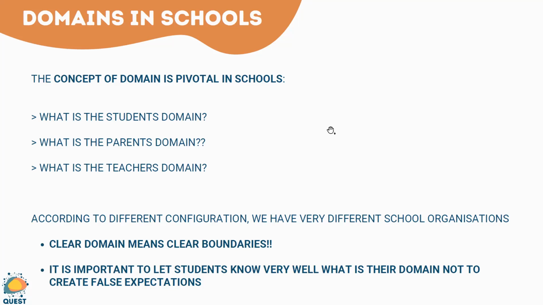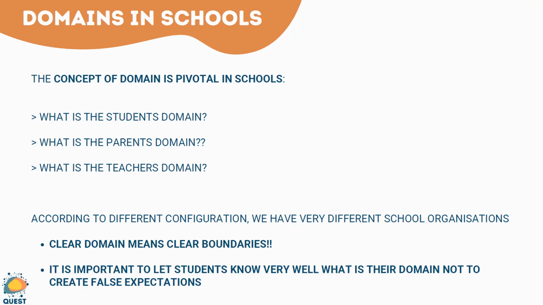The domains allow clear boundaries because they define the sphere in which, for instance, parents can decide. If it's clearly set that parents can decide just on organizing parties, then they would not be able to decide on pedagogy, because it's clearly set. It is also very important to let students know very well what their domain is, so as not to create false expectations.